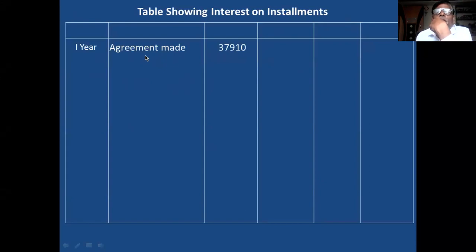First year you write the agreement, cash price is this one, no interest.